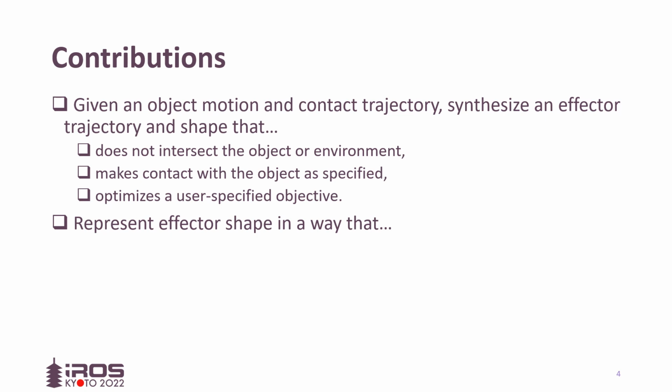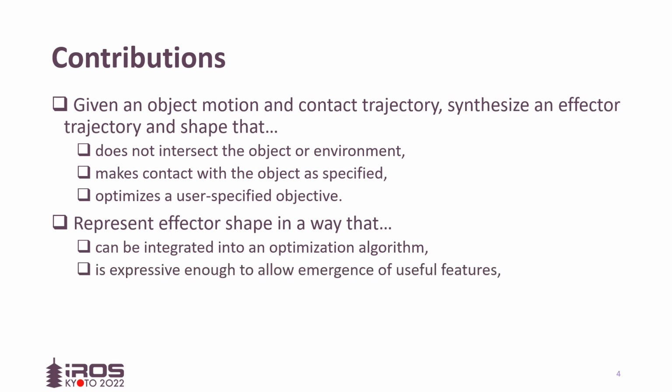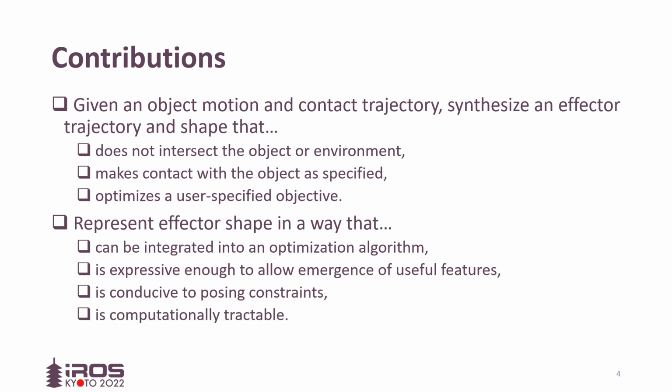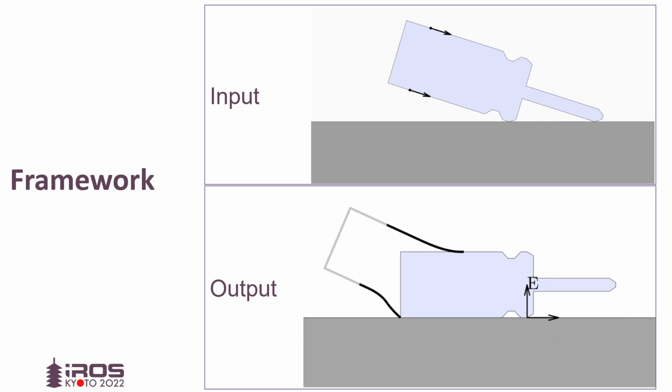As such, we implement a representation that can be integrated into our optimization algorithm, is sufficiently expressive, is conducive to posing constraints, and is tractable. I'll first address how our framework circumvents the need for traditional shape parameterization, a notoriously tricky problem.